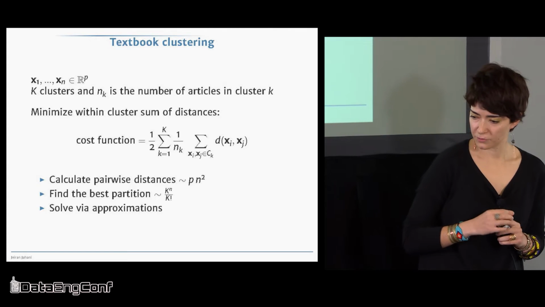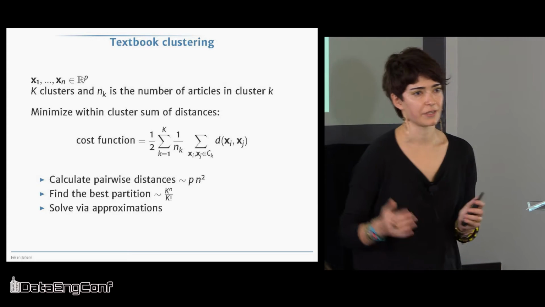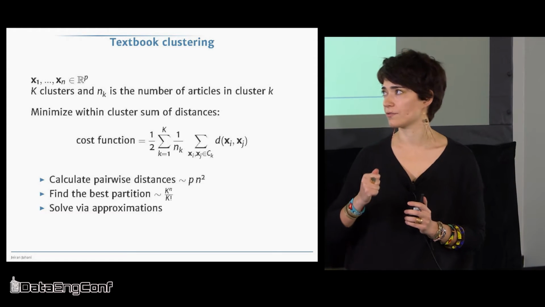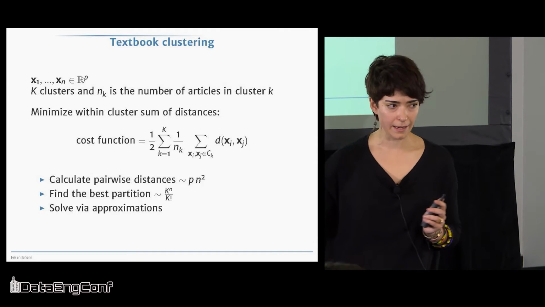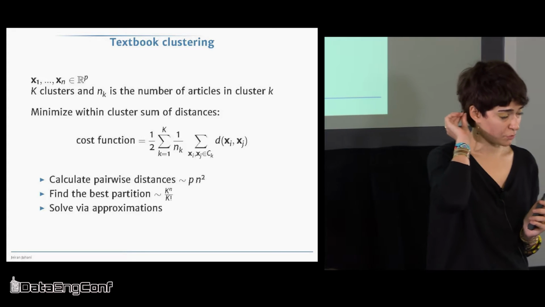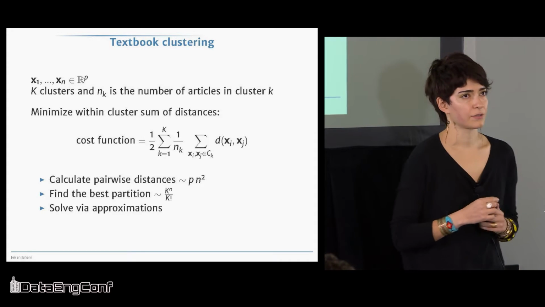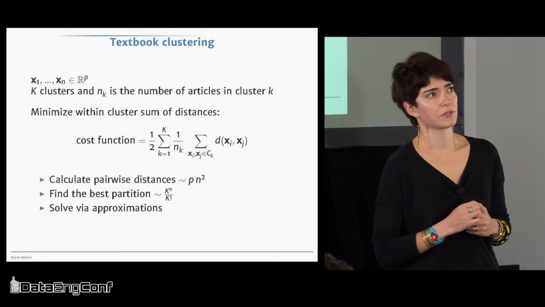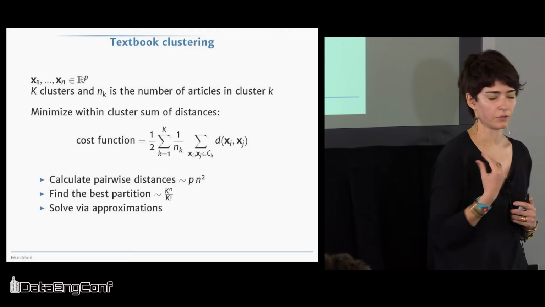Then you have to come up with all these different partitionings of your points and find the best one that minimizes that cost function. The number of those partitions grows with k and n. Just to make it tangible, if you have 25 points and you want to cluster them into 4 clusters, that's going to be about 5 times 10 to the power of 13 partitions.